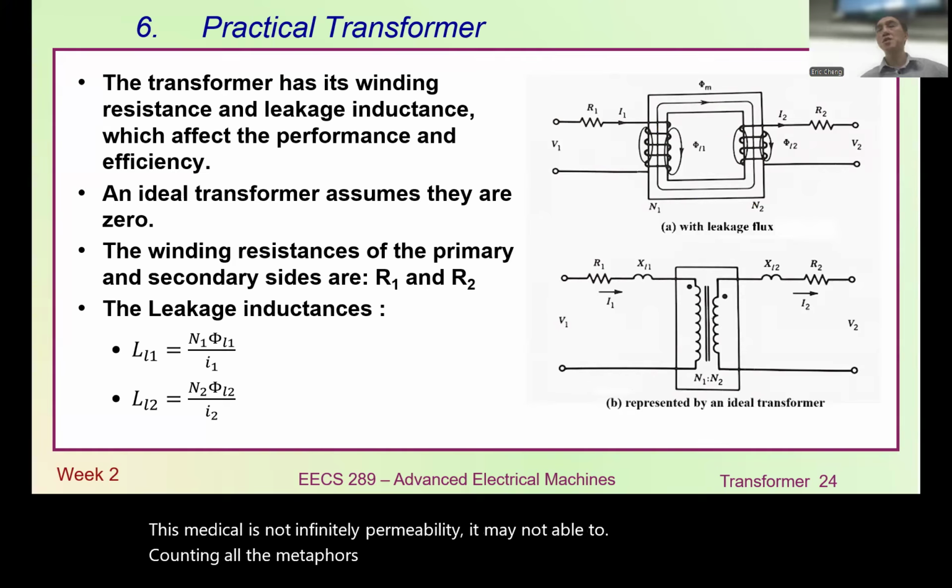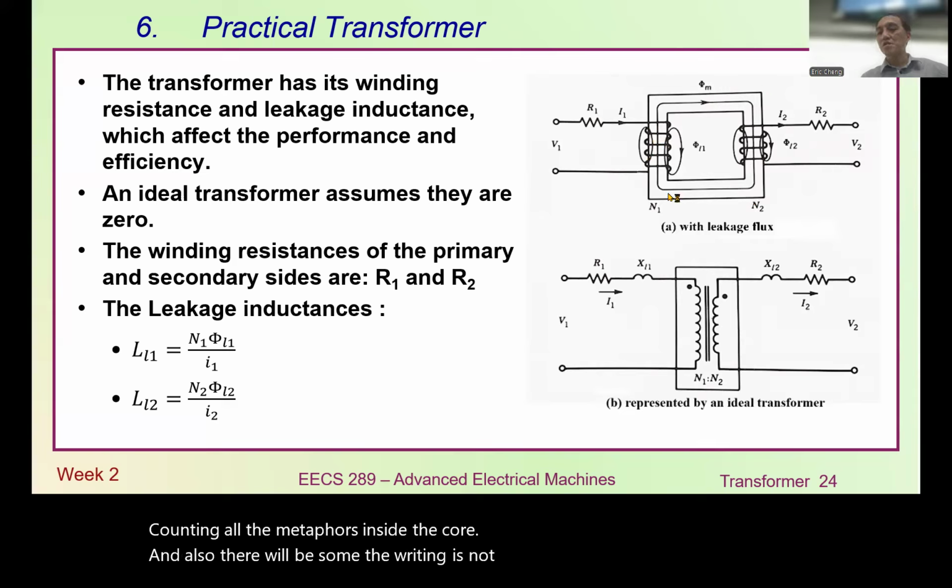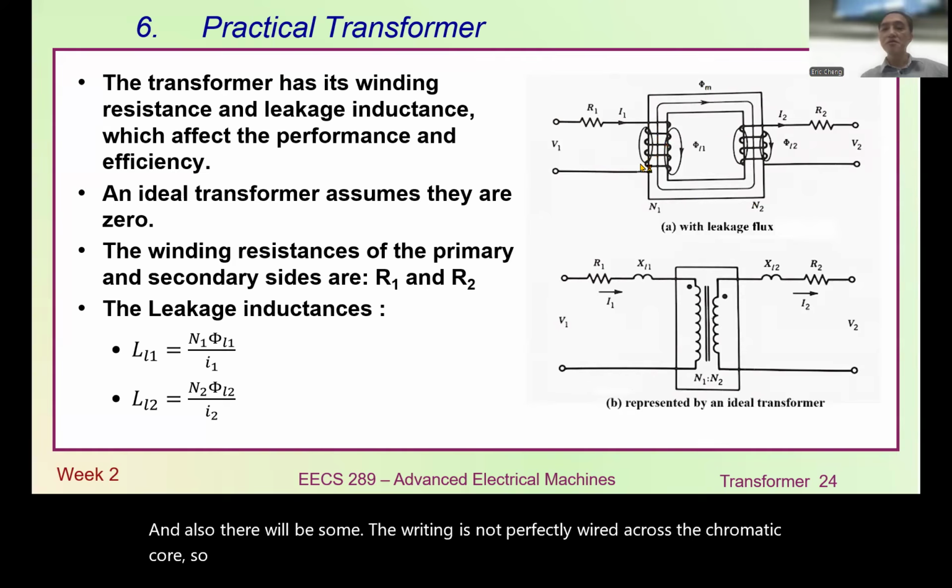inside the core. And also the winding is not perfectly wired across the whole magnetic core. So that means there will be some fringe field around in here, as you can see.